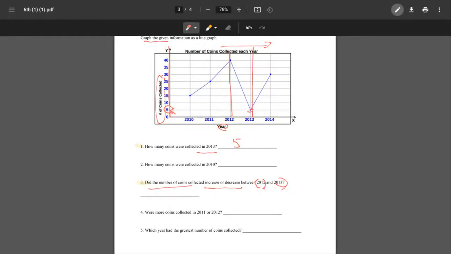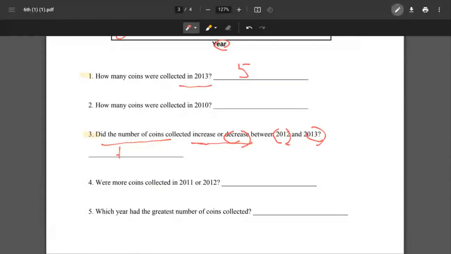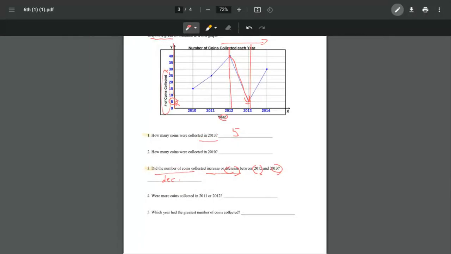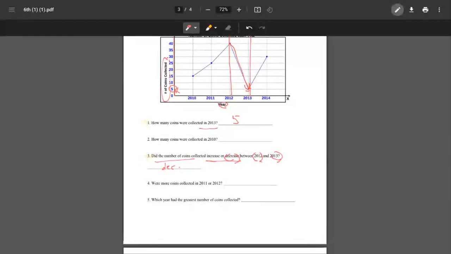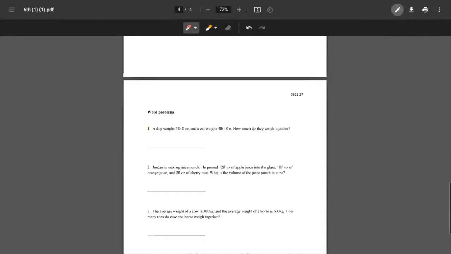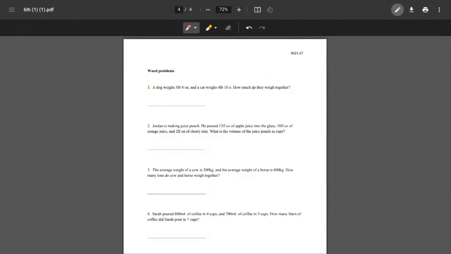Okay, we always look at it from left to right. So, is it decreasing or increasing? It's going down, right? Therefore, it's decreasing. Okay? Finish this page, and then let's move on to our last page.